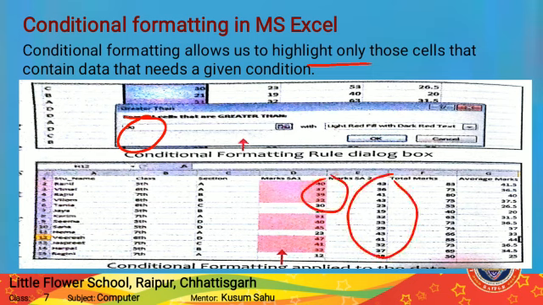If we write 30, the data more than 30 is highlighted. If we write here 40, the data more than 40 is highlighted here. So conditional formatting we will use like this to highlight the related data or cell which we have to enter there. So this is all about conditional formatting.